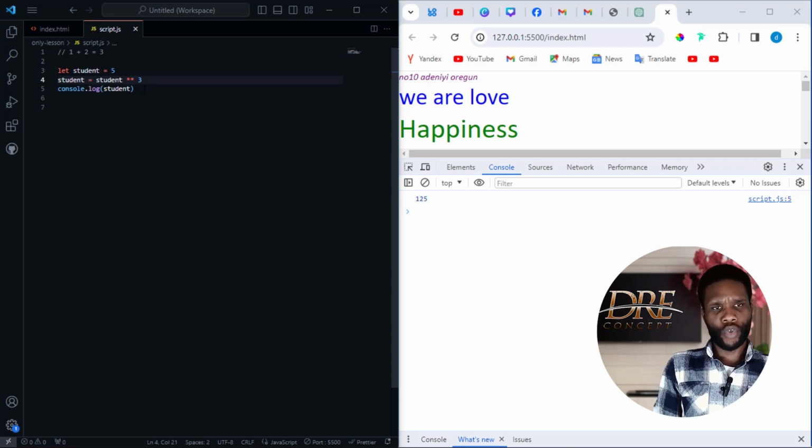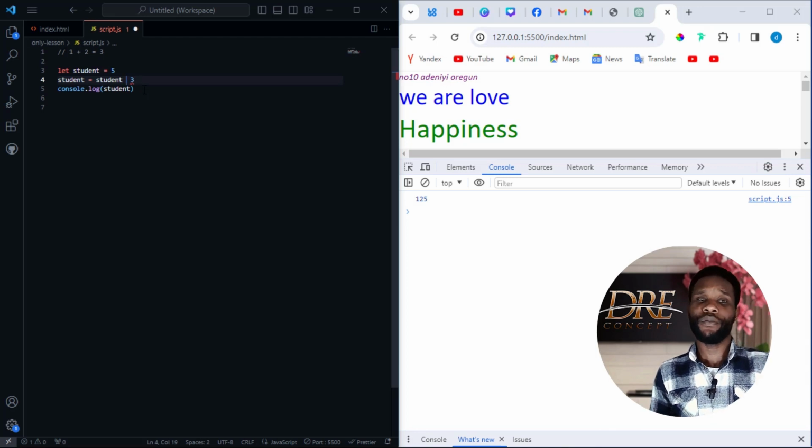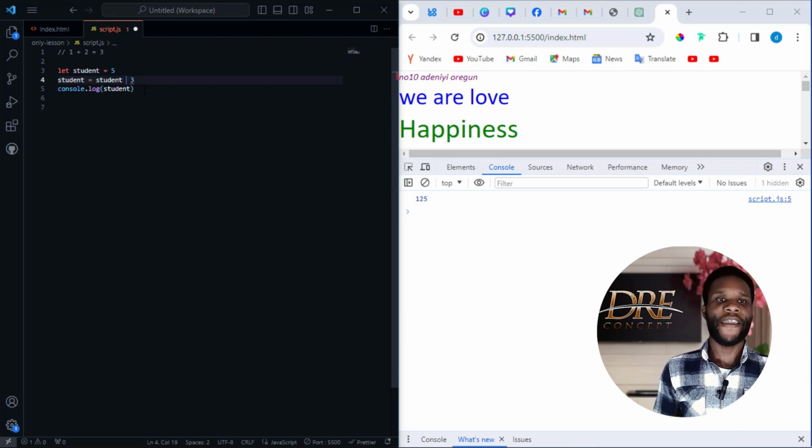So what about modulus? Let's check what modulus is going to give us. Modulus is just the division of a number and the result is what remains, either it remains or it doesn't remain. So if we have an odd number divided by an even number, it's going to give us a remainder. So now, let's divide 5 by 3.